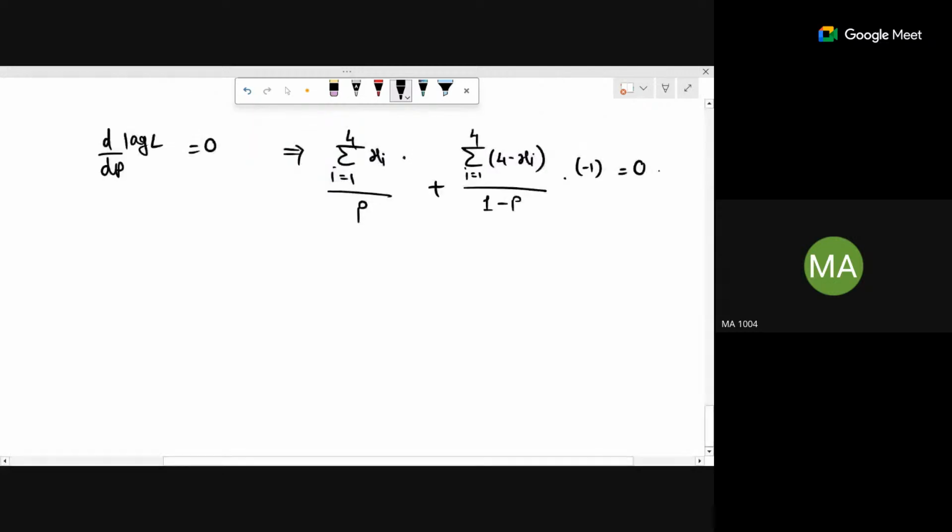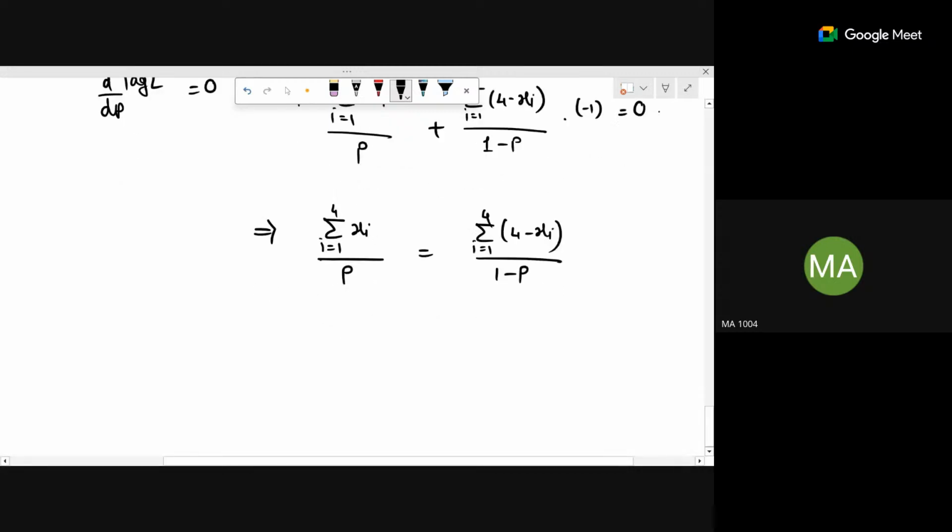Then next, what will we get? That implies summation i equal to 1 to 4 of xi upon p is equal to summation i equal to 1 to 4 of 4 minus xi upon 1 minus p. Fine.